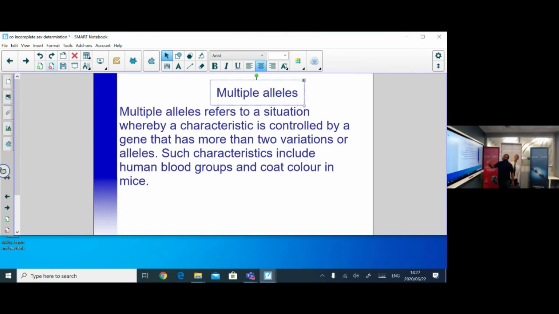Multiple alleles refers to a situation whereby a characteristic is controlled by a gene that has more than two variations or alleles. Please take note of the way we are using our terms.